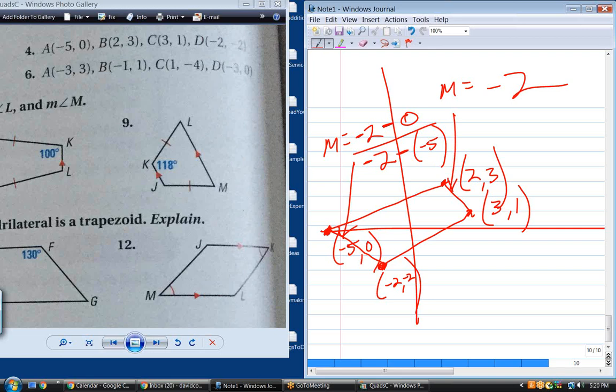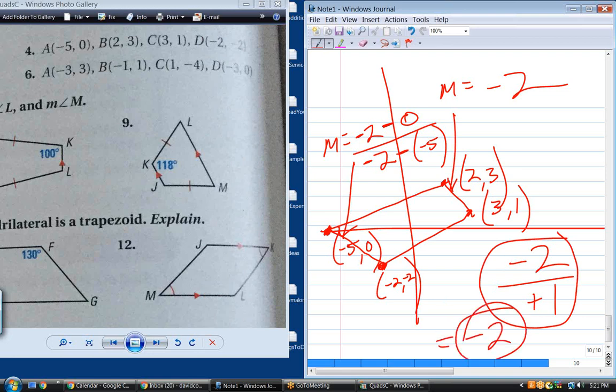What we get is minus 2 minus 0 is minus 2, over plus 1. In other words, minus 2 minus a minus 5 is the same as minus 2 plus 5, which is plus 1, which is minus 2.